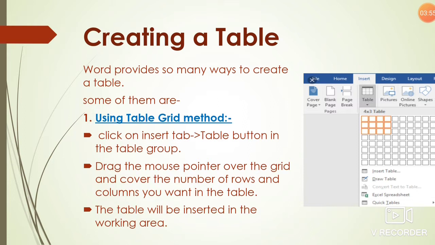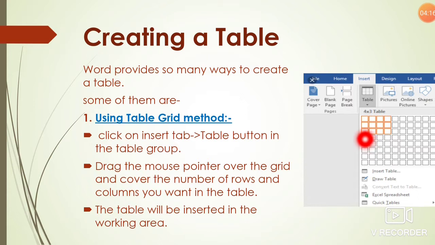The first method is the table grid method. I told you first you have to tell the tab and then the group. So for using the table grid method, you have to click on the Insert tab, and then in the Table group click on the Table button, then a grid will open in front of you.